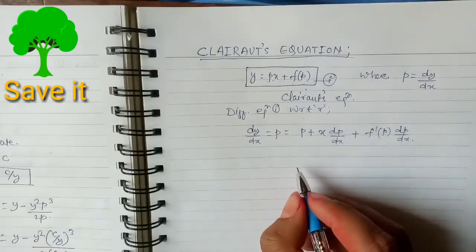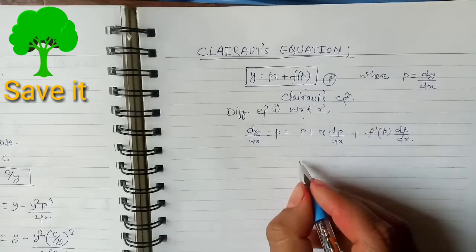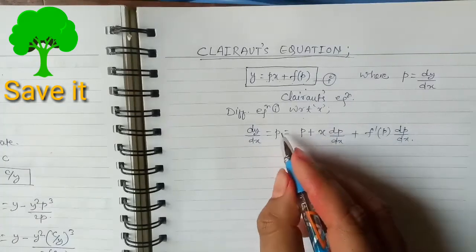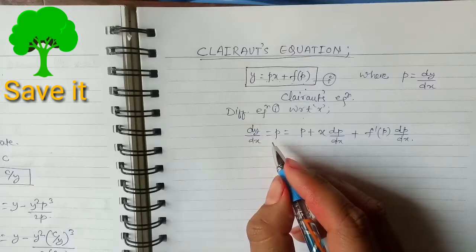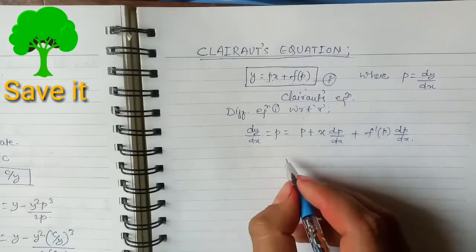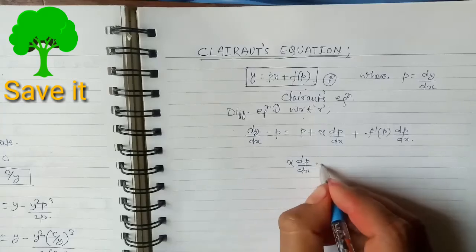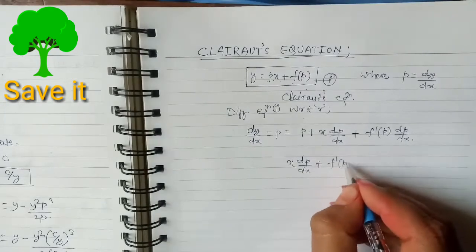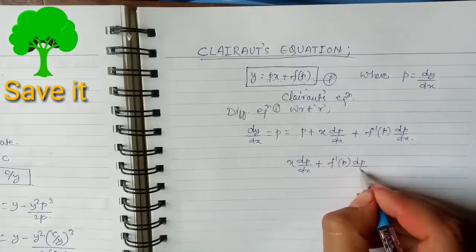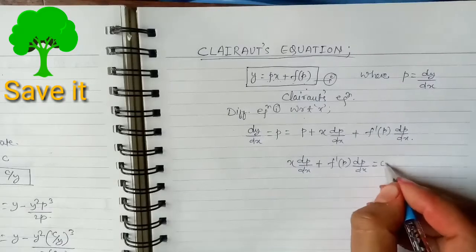So from here what do we get? This p and p term is cancelled. Then we can write x dp by dx plus f dash p dp by dx is equal to 0.